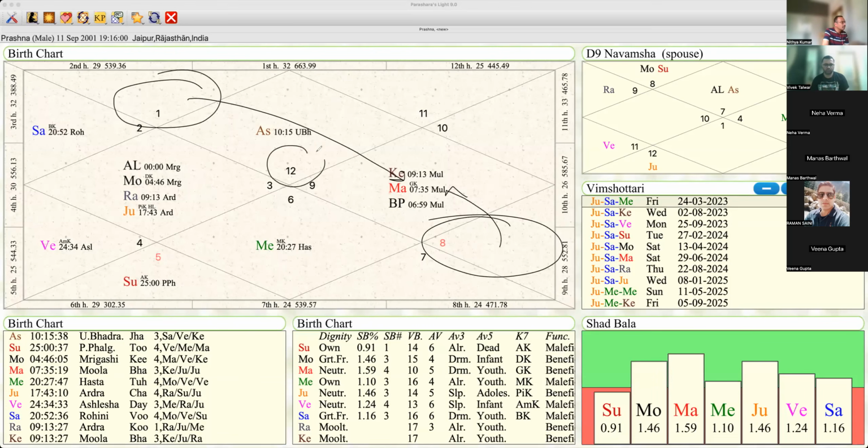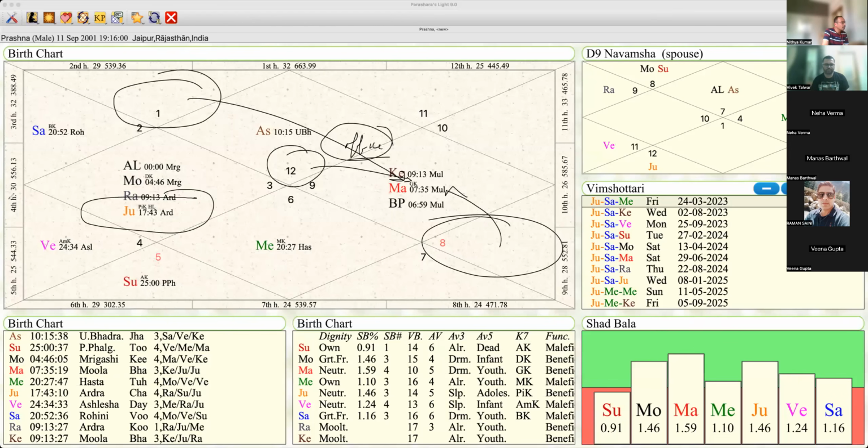We have Lagna. No, Lagna is also associated with Ketu here. It is a Mula Trikona sign of Ketu in the Moola. Office, you see, office. घर पे नहीं अटैक हो रहा है, ऑफिस में अटैक हो रहा है. Mula Trikona of Ketu. And look at planets in the Adra.